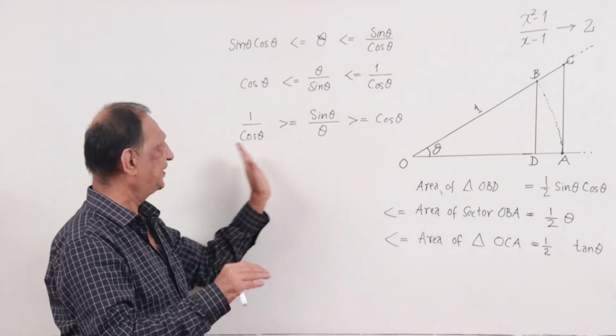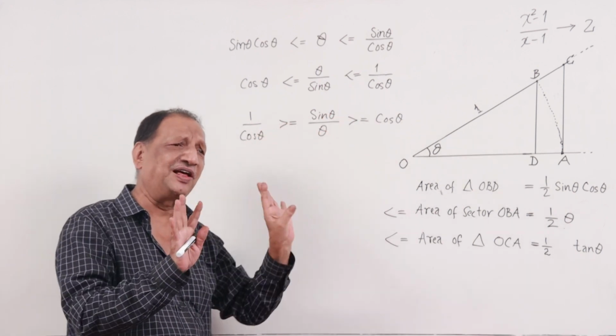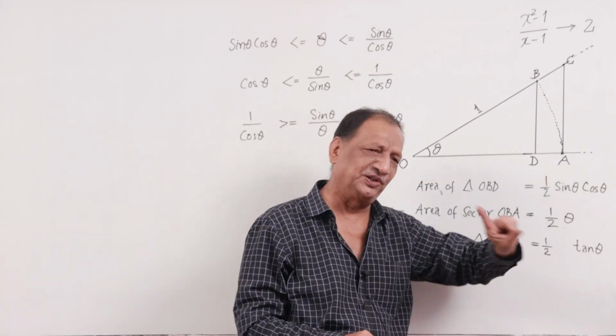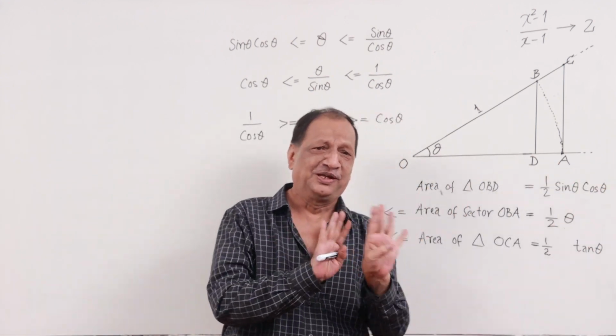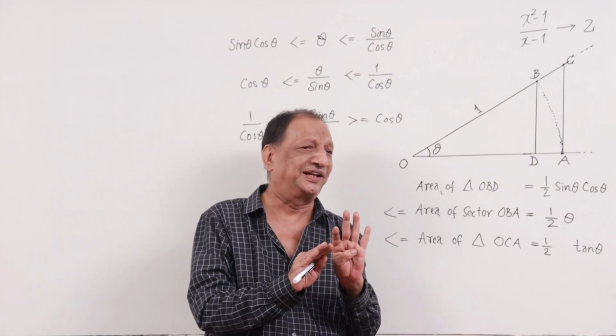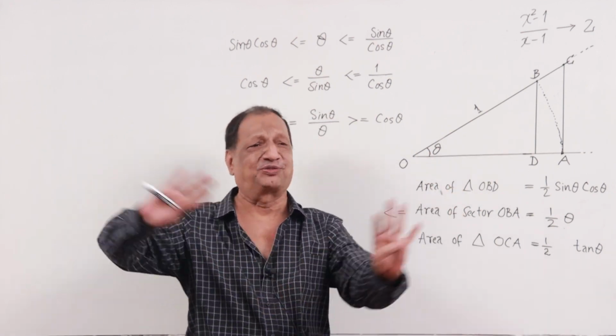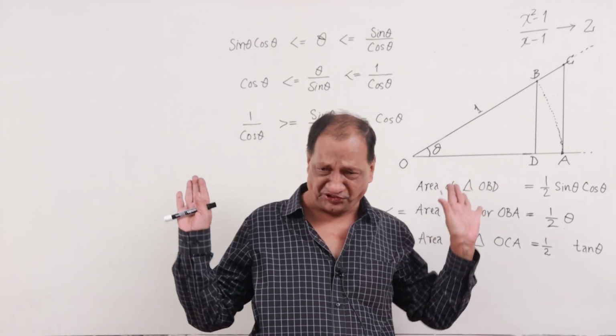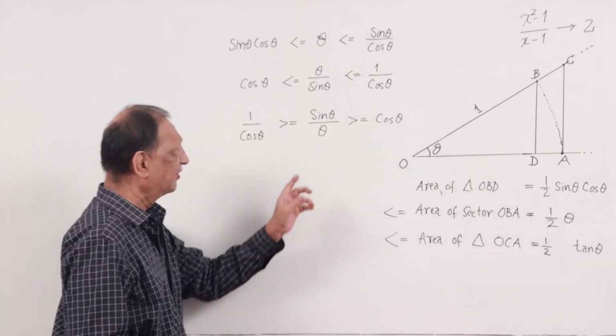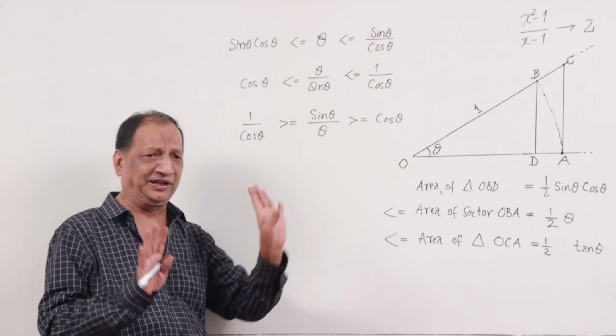Our interest is not in cos theta. Cos theta, when theta goes to 0, is 1. Everybody knows there is no confusion there. There is no indeterminacy there. At 0, cos theta is 1. Cos 0 is 1. No questions on it. Absolutely. Our interest was sin theta by theta only.